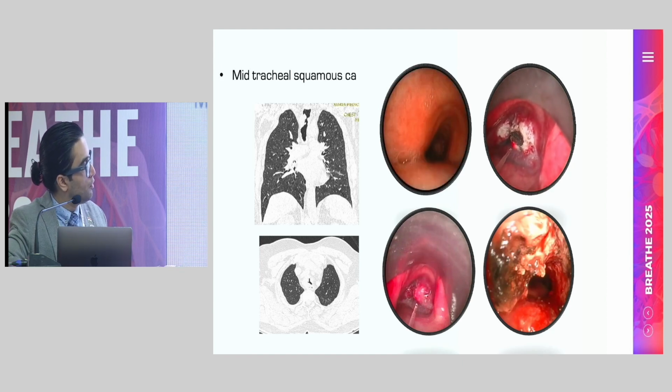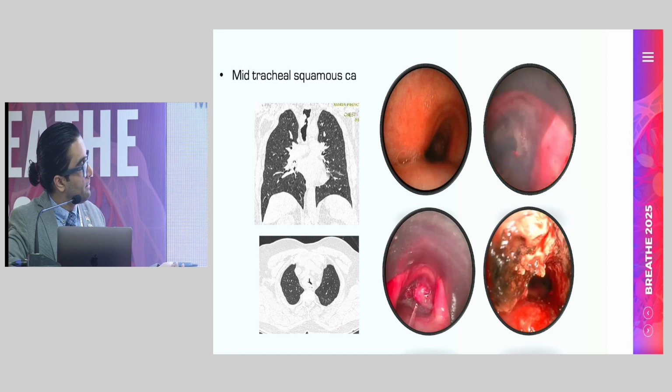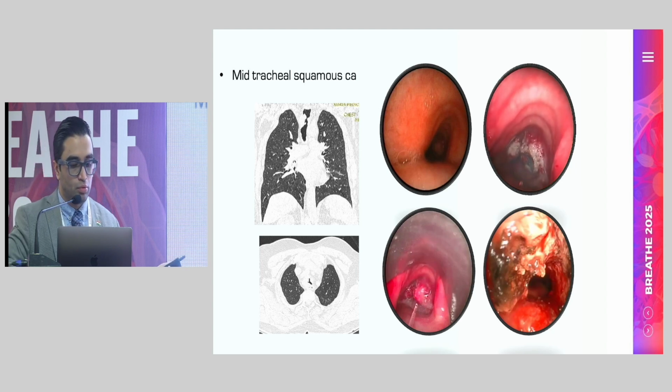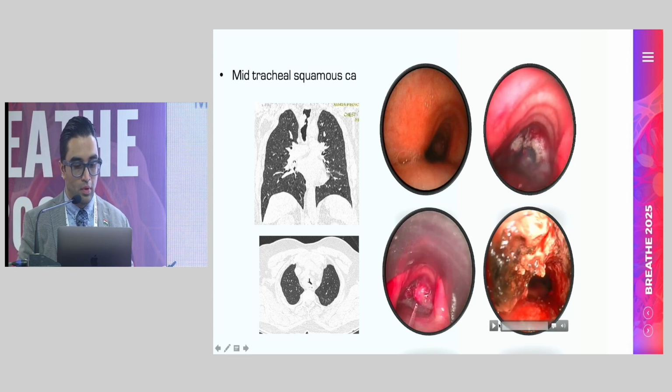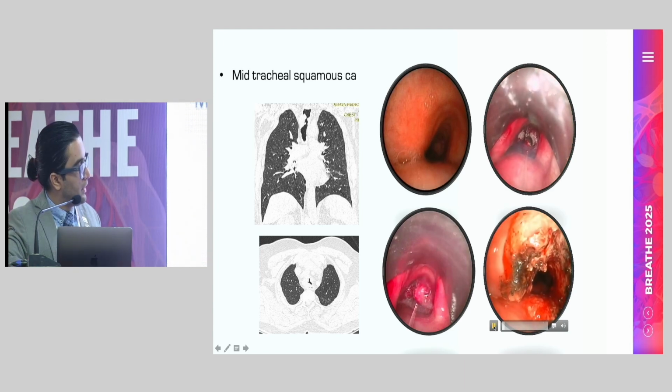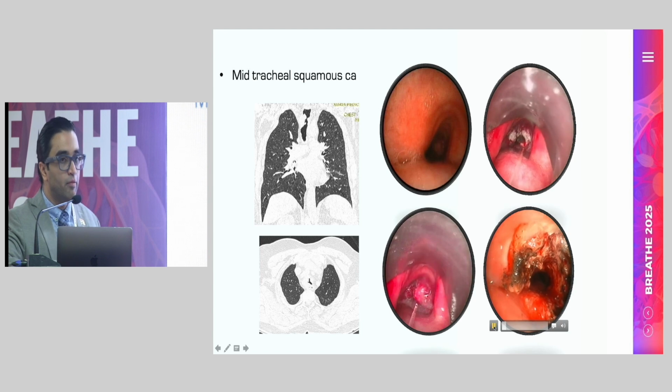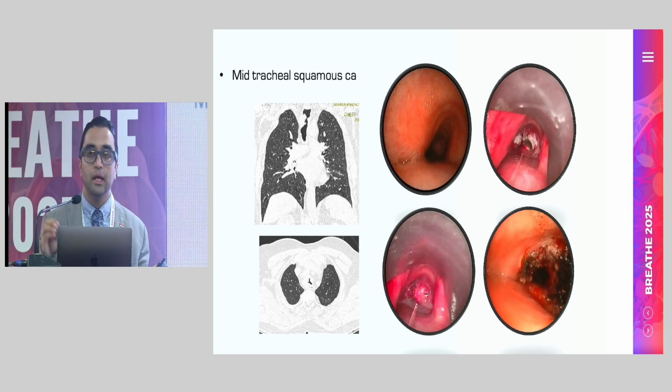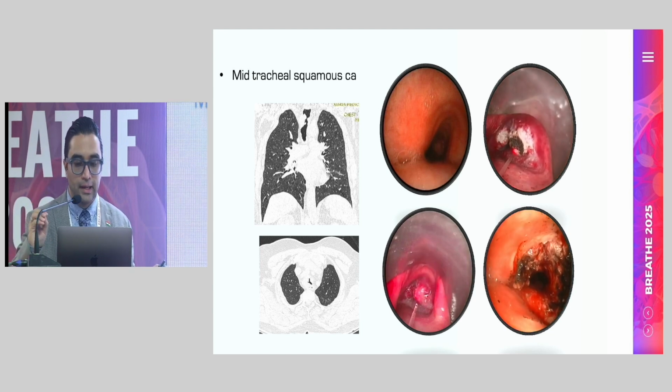This here is your laser tip, and it is causing coagulation, carbonization, and also vaporization of the tissue. This is the final image after the laser has been used for debulking. The advantage with these heat modalities is that if there's any bleeding, you can control it right away.